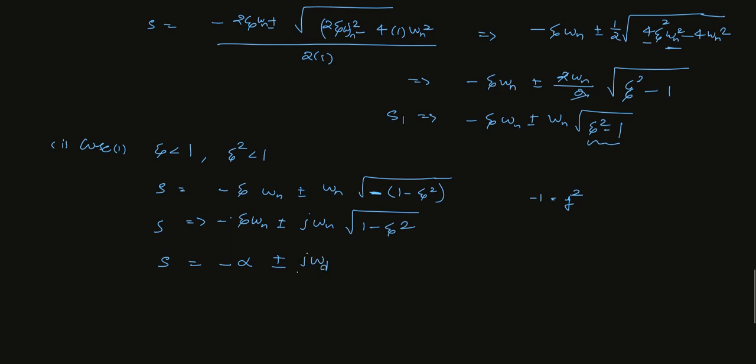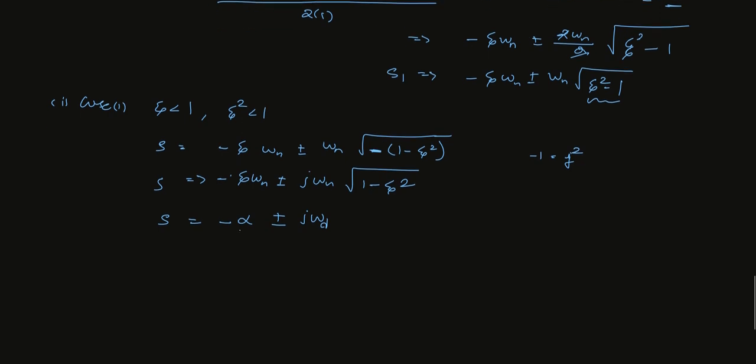These two new terms I will explain. Alpha is the damping factor, or you can call it the real part of these complex roots. And omega d is the damping frequency.